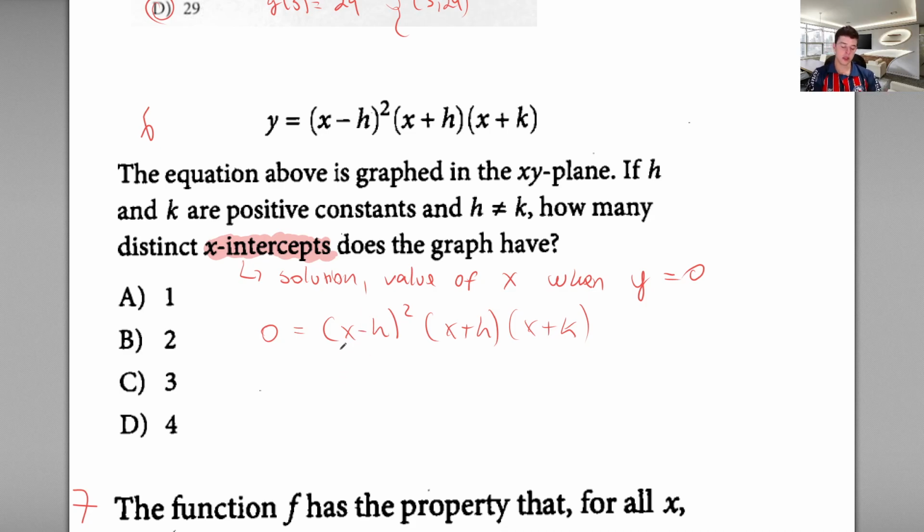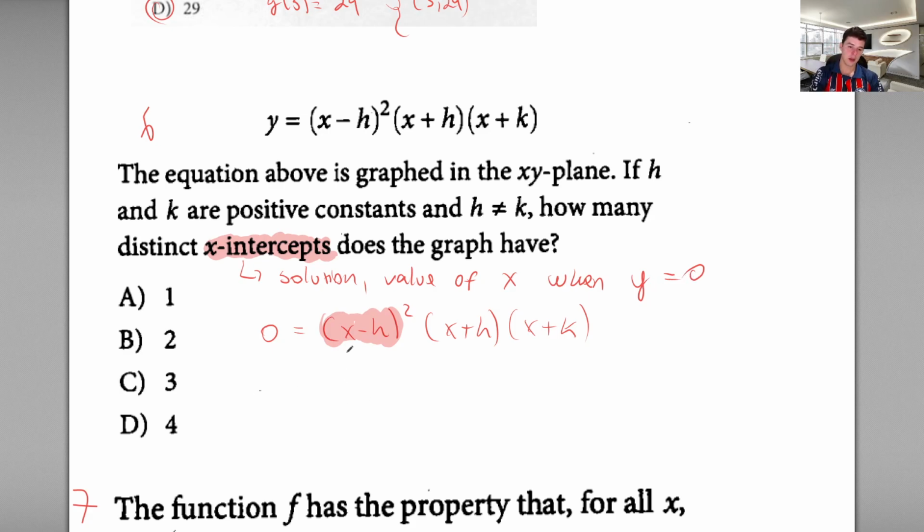So what value in this part right here is going to make this equal 0? The whole equation is going to be equal 0 if only this term is equal 0, because everything's being multiplied. And if one term equals 0, and the whole thing equals 0, then that's a value of x when y equals 0.